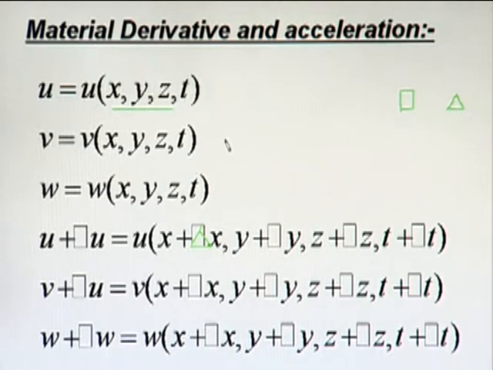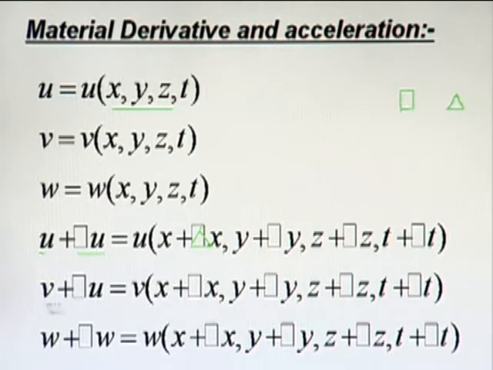Now in time t plus delta t, this point moves to another point where the coordinates are x plus delta x, y plus delta y, and z plus delta z, and time is t plus delta t. So at that time the velocity will become u plus delta u. So u plus delta u may be written as u, a function of x position, y position, z position, and time at that point.